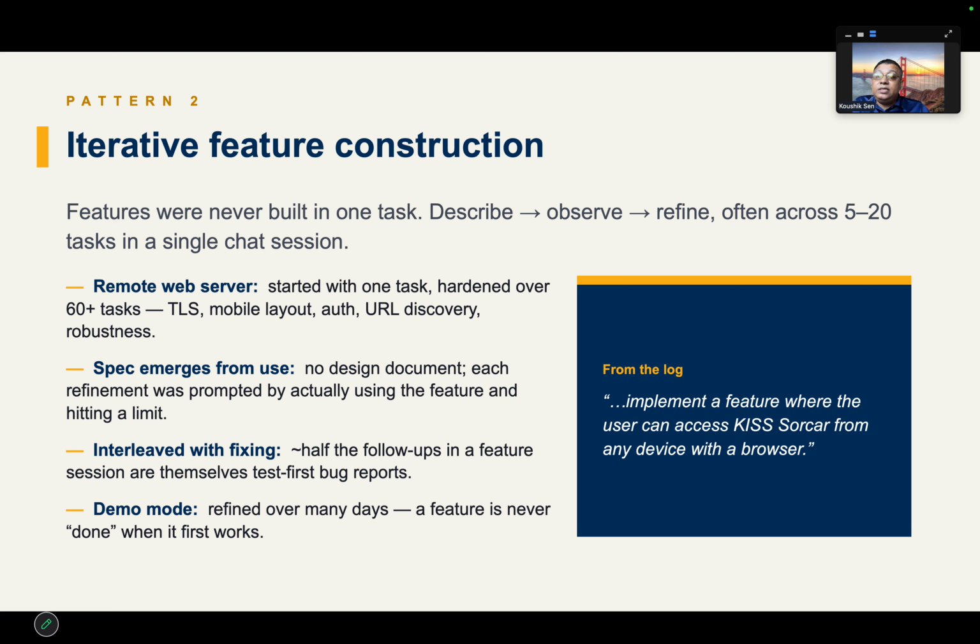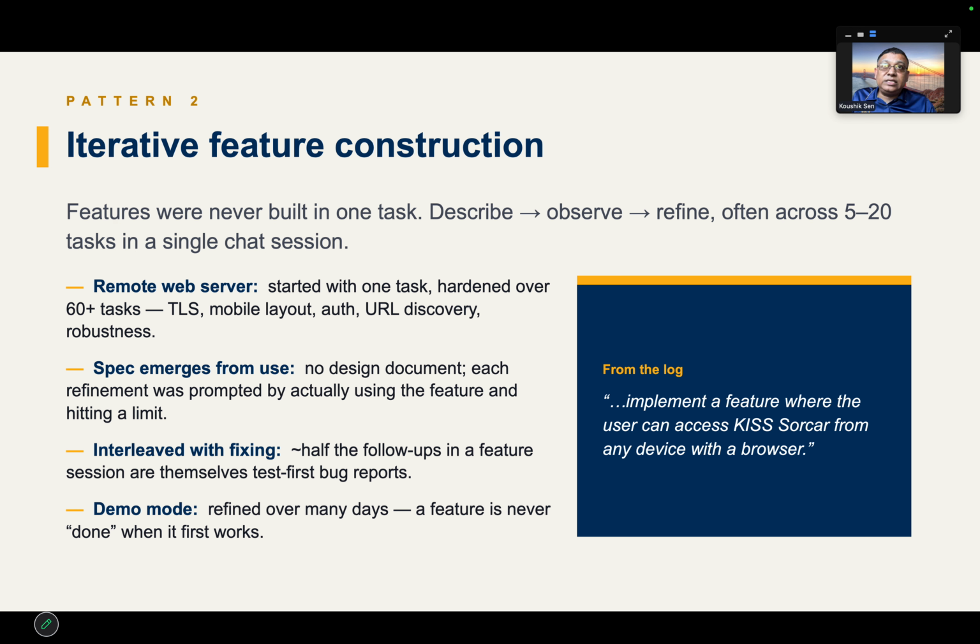And the spec emerges from the use. There is no design document. Each refinement was prompted by actually using the feature and hitting a limit, right? I find this kind of iterative feature construction to be very effective when you're building a large software like Sorcar and implementing a big feature.